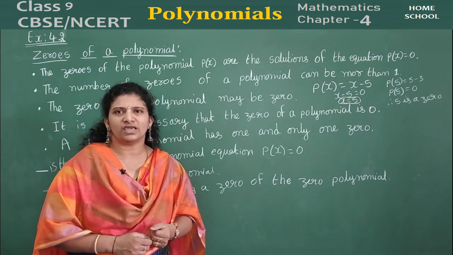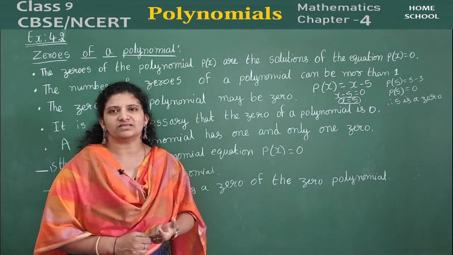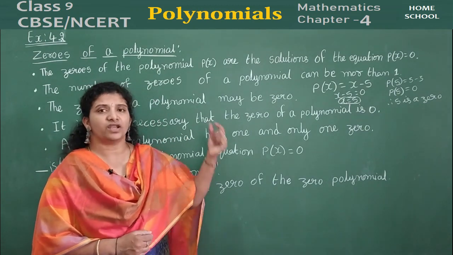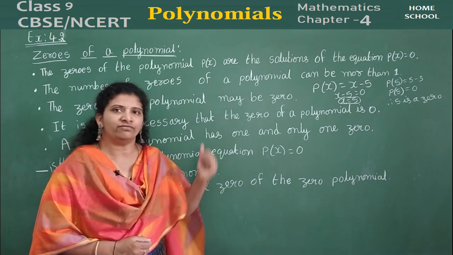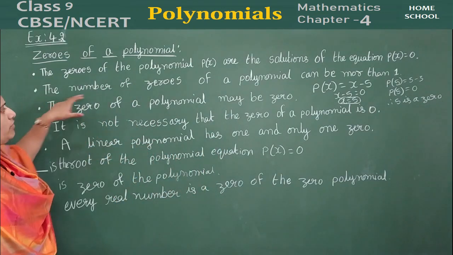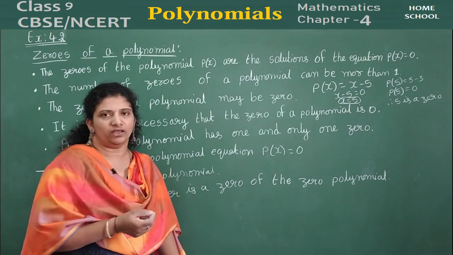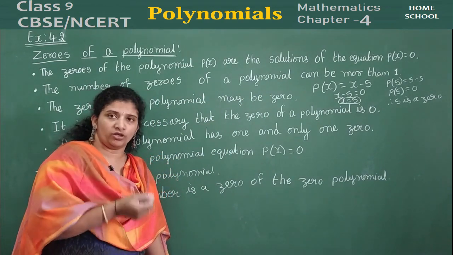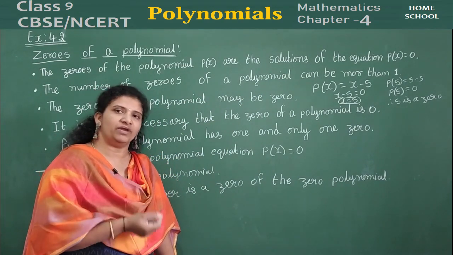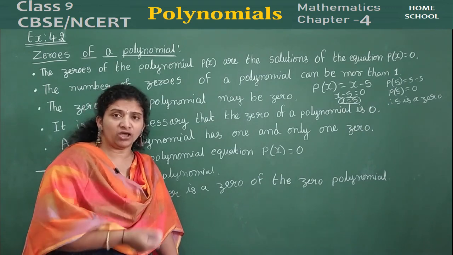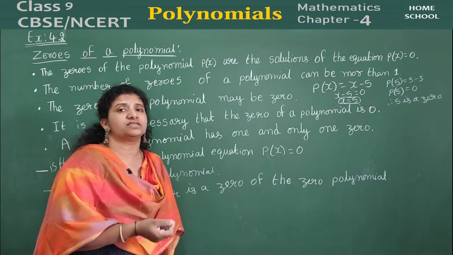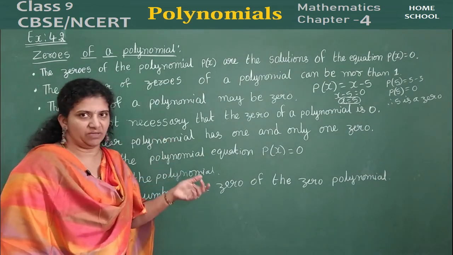What are these zeros? These are the answers or solutions for a polynomial p of x. Number of zeros of a polynomial can be more than 1. Depending on the polynomial, your answer will be depending. So depending on the polynomial, you can say how many zeros it will have.